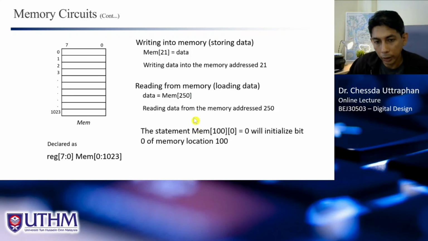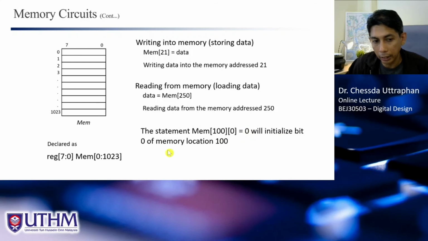And we also can initialize the content of the memory. So for example, we want to initialize the content of memory location 100. This is to initialize the bit, because we have 8-bit, right? So for example, at memory location 100, bit number 0 of 100, we set 0.